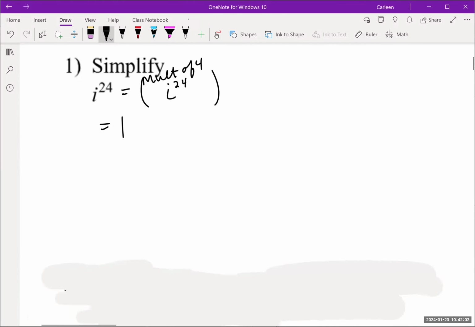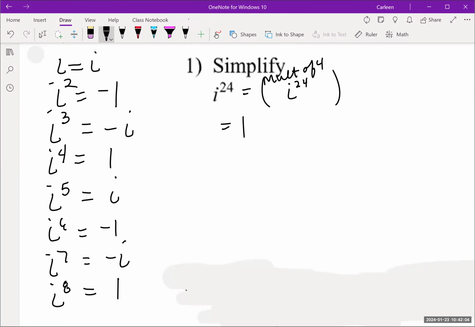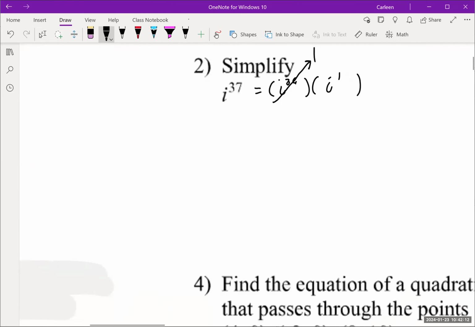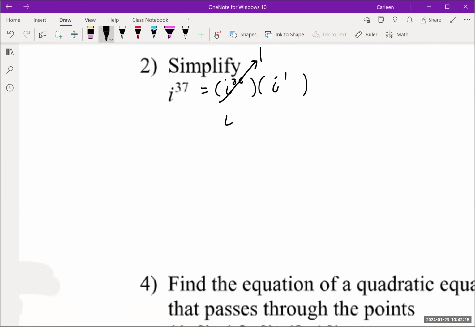Now we look over here. i to the first power equals i. Done. Okay, so we find the biggest multiple of 4, and then we find out whatever the leftovers are.